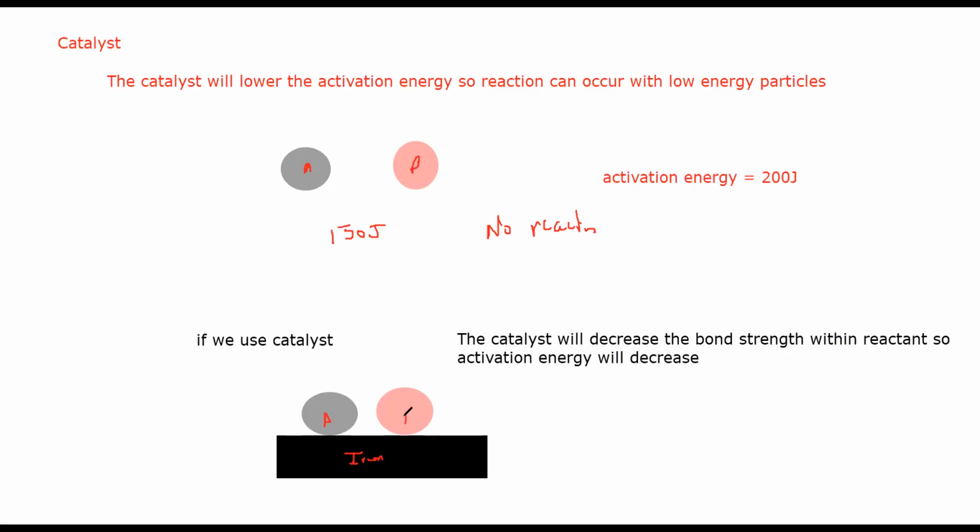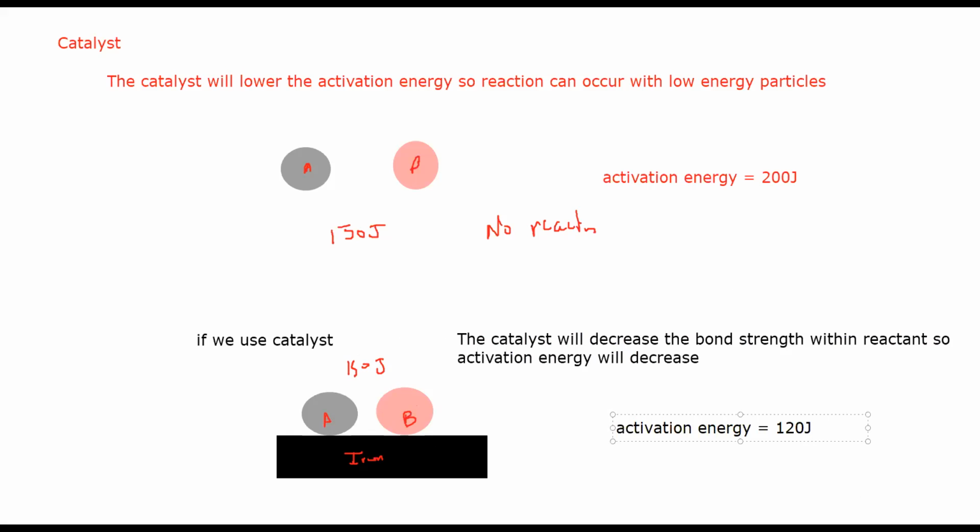In the same reaction, the molecule has 150 joules originally, the same 150 joules. But when we use a catalyst, iron, it reduces the strength of the bonds within the reactant particle. So for the same reaction the activation energy will be lower, for example 120 joules.